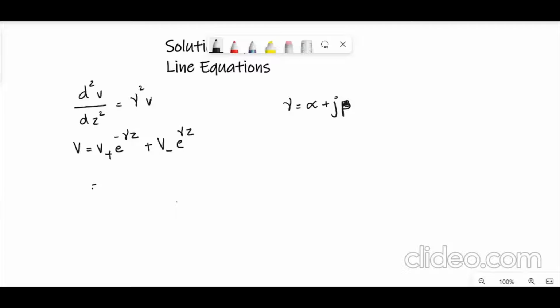Now this can be split and written as V+ e raised to minus αz into e raised to minus jβz plus V− into e raised to αz into e raised to jβz. Here these factors V+ and V− are complex quantities.